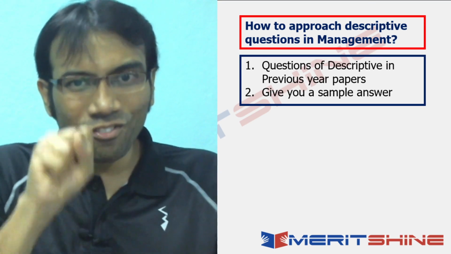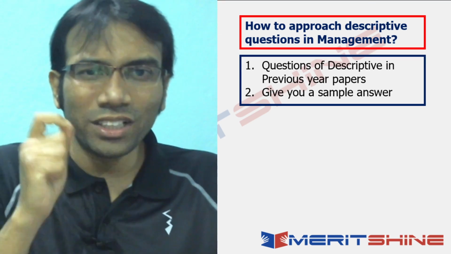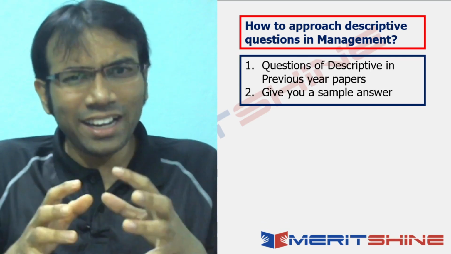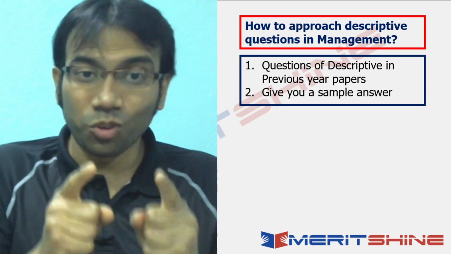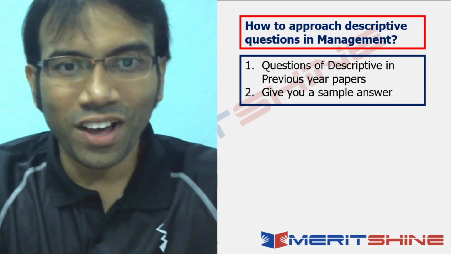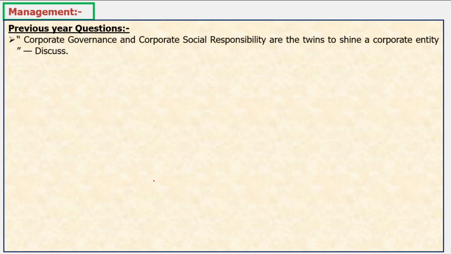And you'd see, if you are good in the concepts, how easy it is to write a descriptive answer. So there is really nothing to panic about if you know the concepts well, and that is what we would see today. Okay, so let's start off with the previous year's questions.